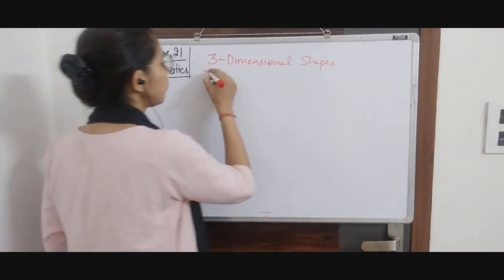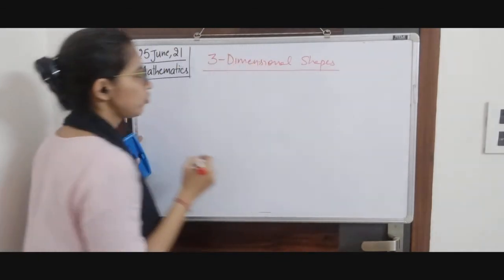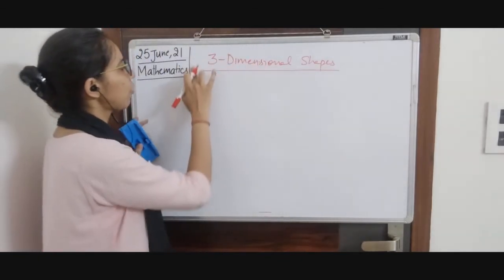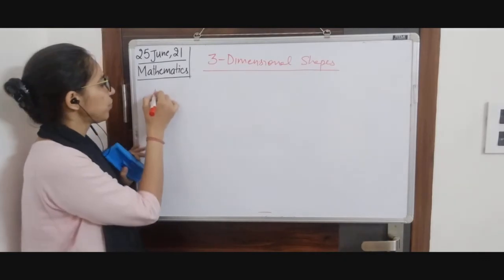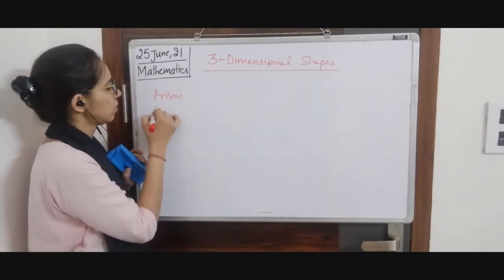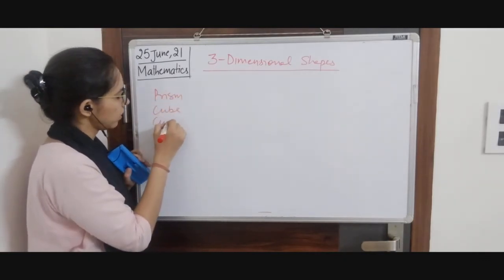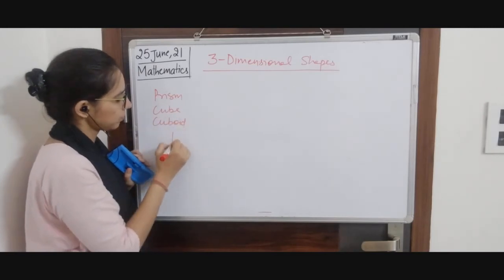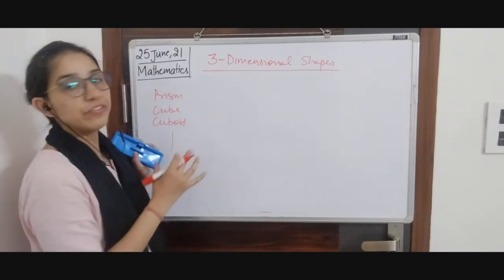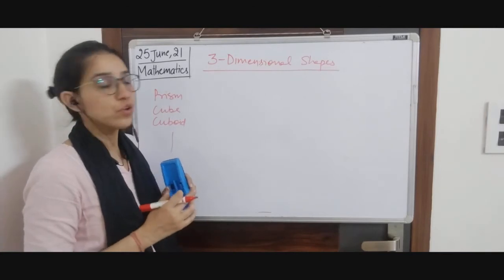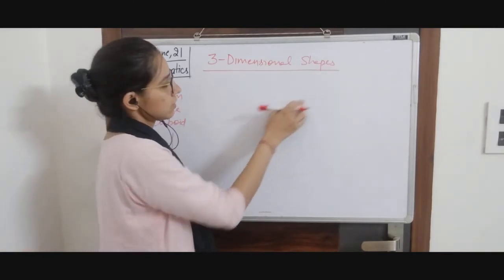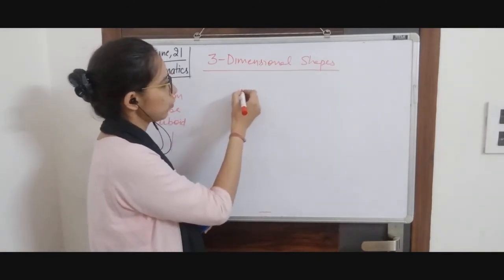In three-dimensional, we are going to talk about a few shapes like prism or cube or cuboid, etc. But in every three-dimensional shape, we have certain terms attached to them.